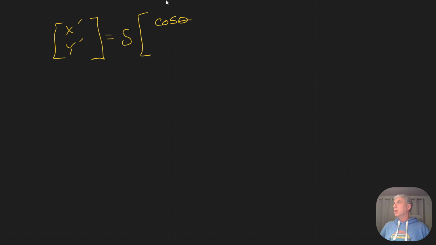I'm going to pull that scalar in, and you'll see why when we get toward the end. Remember, if we multiply a matrix by a scalar, it applies to all of the elements of that matrix. And then we have minus s sine theta. And I know this looks familiar because we've used it before.